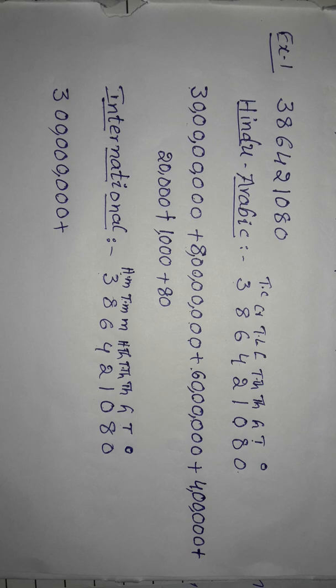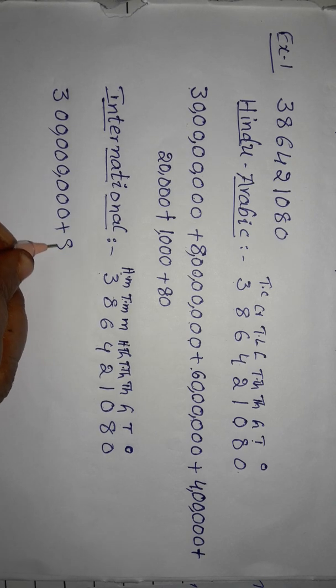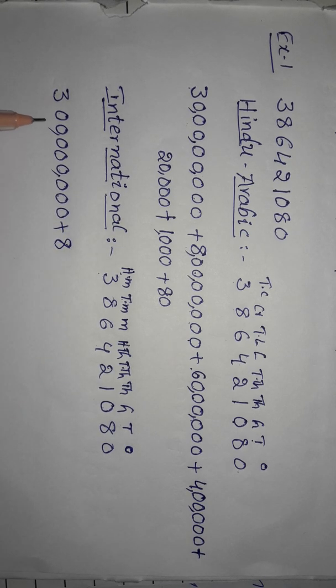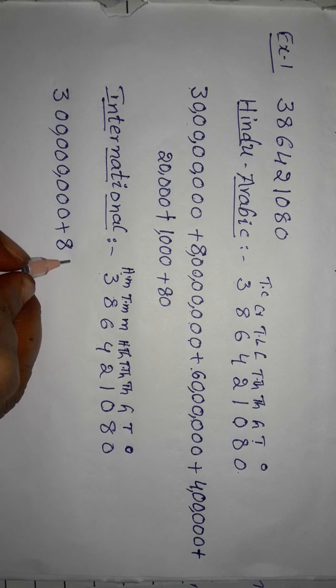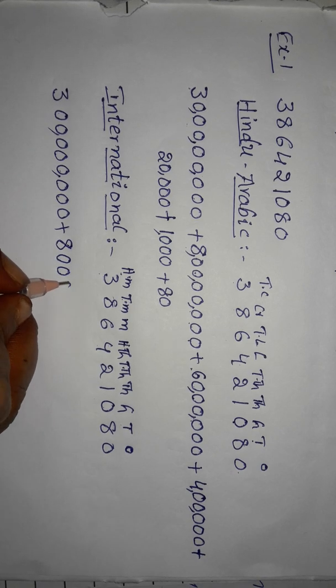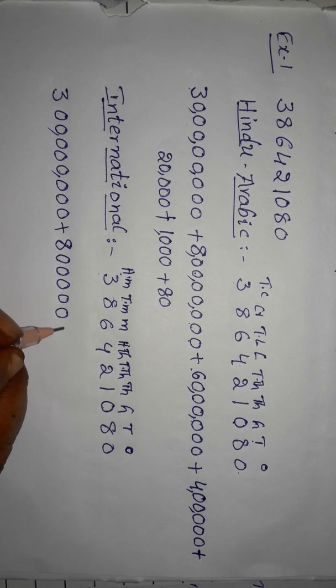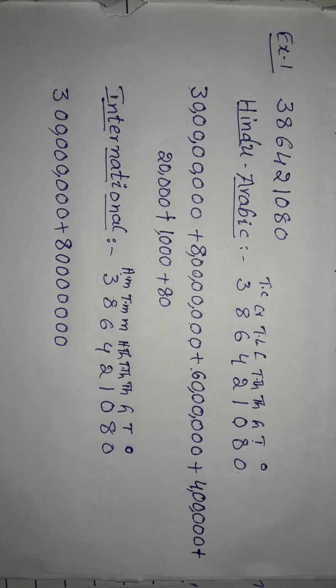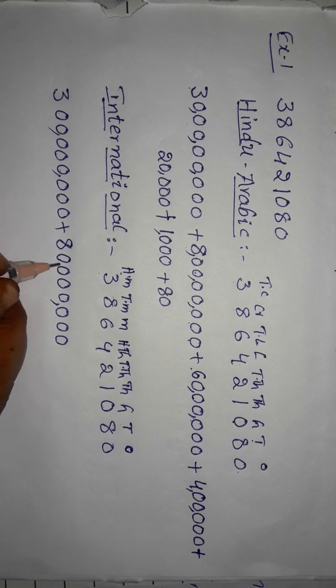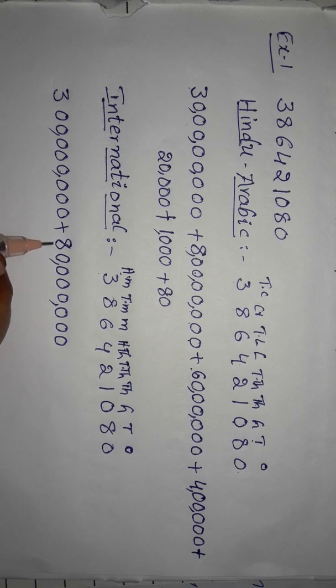Next. What is the next digit? 8. In which place? 10 millions place. 8 tens are 80. So, 80 millions. How many zeros shall we write here? Here we wrote 8 zeros, so here we have to write 7 zeros. 1, 2, 3, 4, 5, 6, 7. 2 digits only is there.